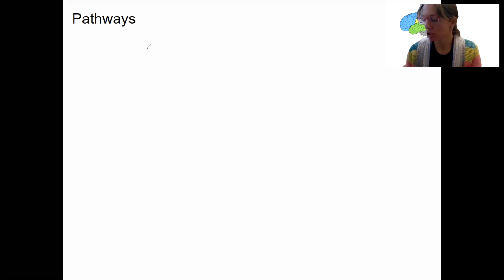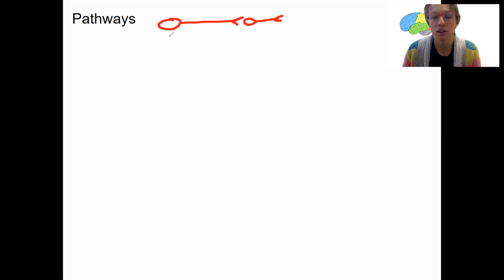And you've also learned about neural communication, right? So that was not all for nothing. That's a neural pathway, right? So if you've got a cell body of a neuron and then an axon that's talking to another neuron, that could be in one brain region, and this could be in another brain region.